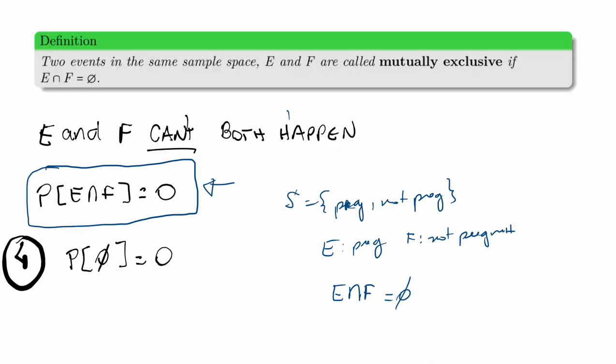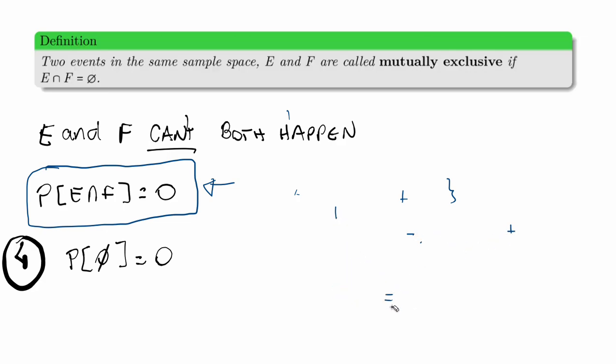So what's the concept of mutually exclusive events? Well, the concept is this: two events can't happen at the same time. They can't both happen at the same time because the intersection of the events, as sets, is impossible, the null set.